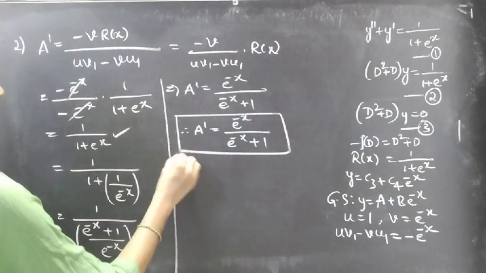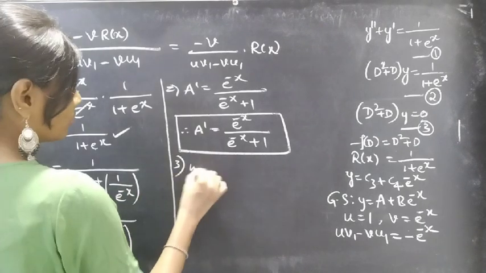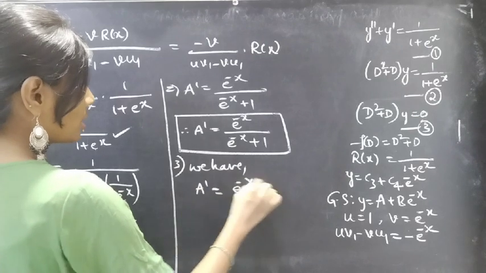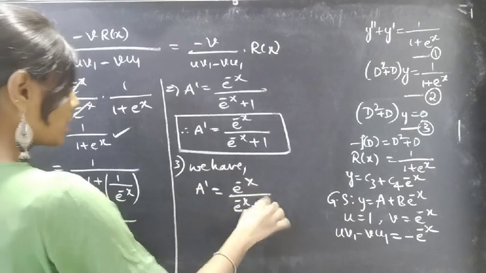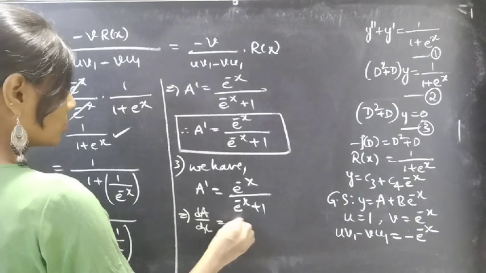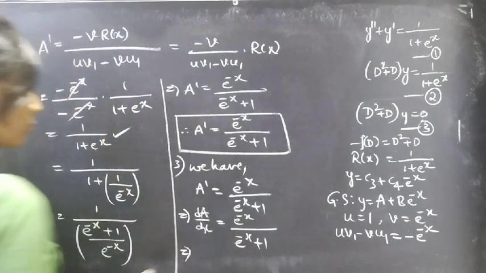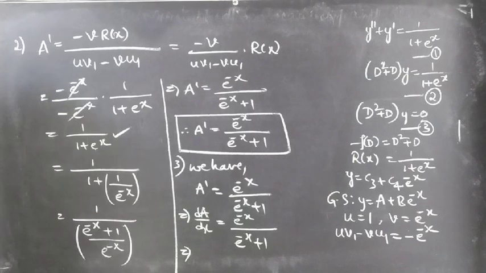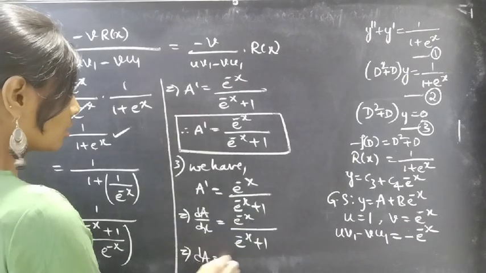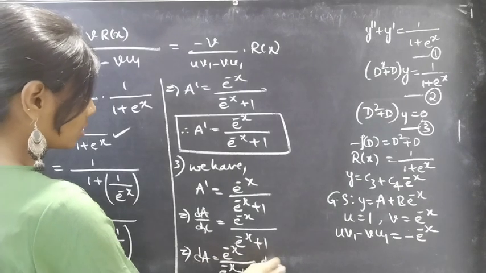Now we'll find a using a dash. Here we have a dash equals e power minus x by e power minus x plus 1. A dash is nothing but the derivative of a with respect to x, equal to e power minus x by e power minus x plus 1. So here we have to separate the variables. So I'll take the differential dx to the RHS. Then I'll get dA equal to e power minus x by e power minus x plus 1 into dx.